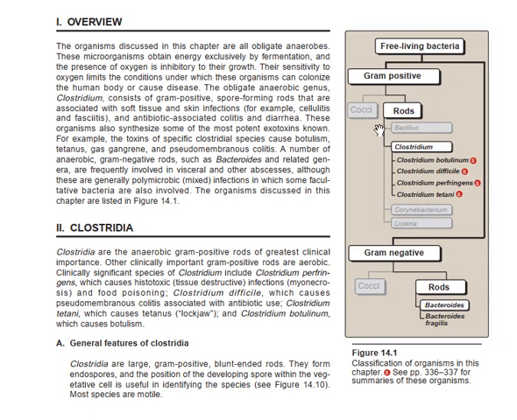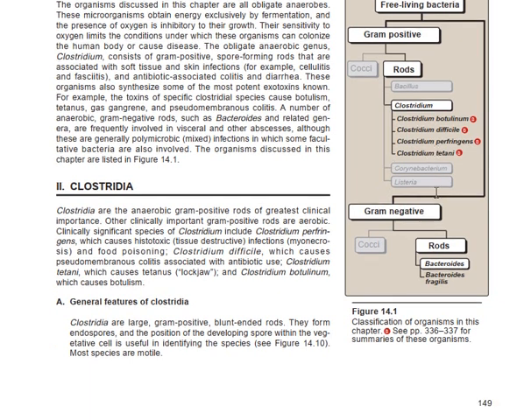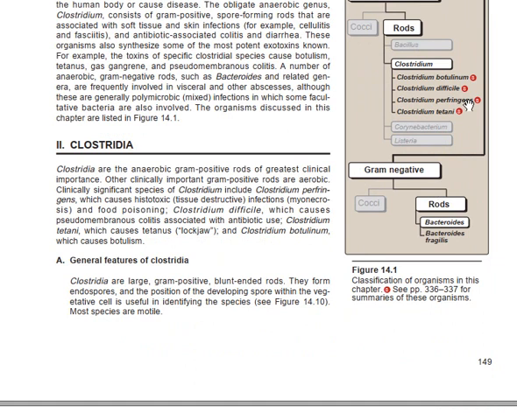The gram-positive anaerobic rods are mostly the Clostridium species, and under them you have Clostridium botulinum, Clostridium difficile, Clostridium perfringens, and Clostridium tetani. Clostridium difficile causes pseudomembranous colitis. Clostridium botulinum causes food poisoning with botulism, where you have paralysis of the muscle.